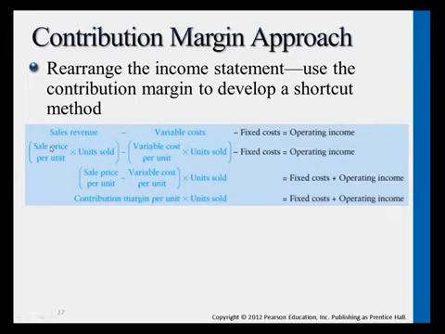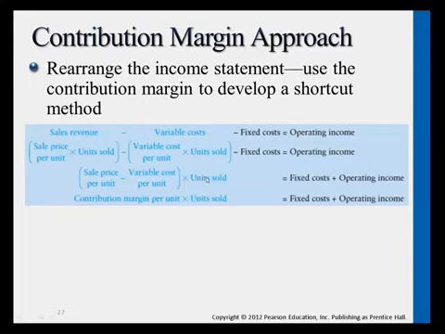So sales revenue, we said, is sales price per unit multiplied by units sold. And variable costs are your variable cost per unit multiplied by units sold. Right? So we are dissecting our formula into smaller components. Then again, we're subtracting our fixed cost, and we get operating income. Okay? So now we'll take units sold out of brackets, and what are we going to get? Sales price per unit minus variable cost per unit.